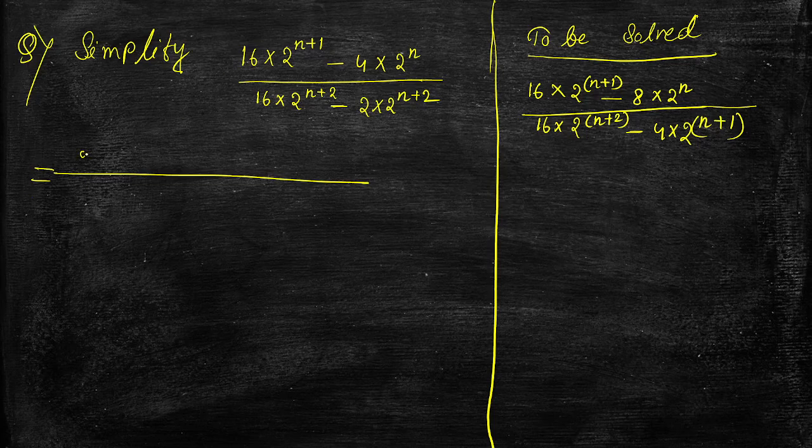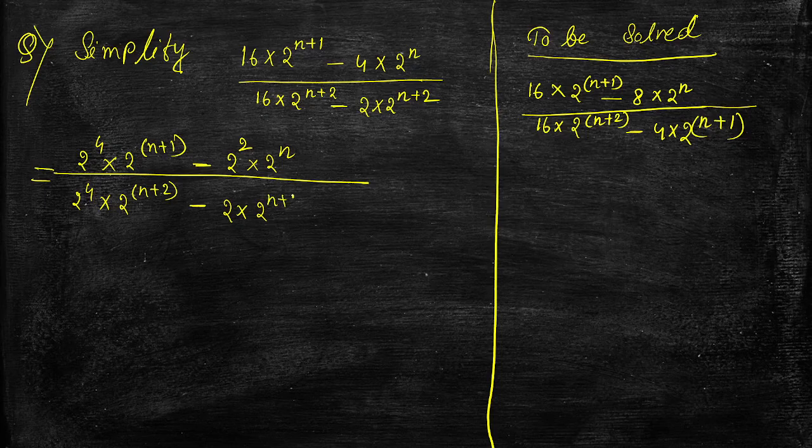So 16 is 2 to the power 4 into 2 to the power n plus 1, minus 4 is 2 to the power 2 into 2 to the power n. Similarly here 16, that is 2 to the power 4 into 2 to the power n plus 2, minus 2 into 2 to the power n plus 2.